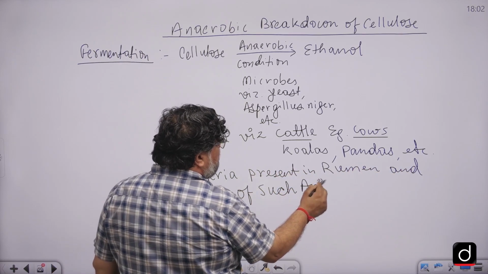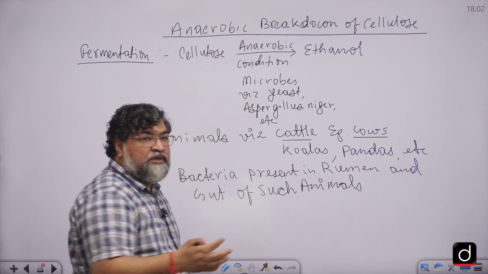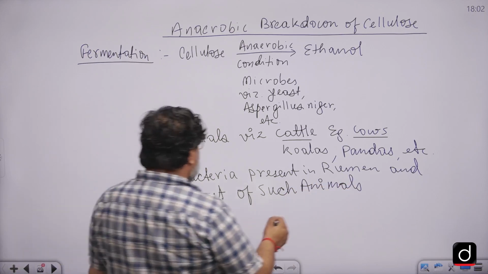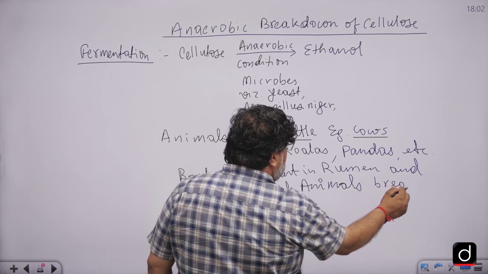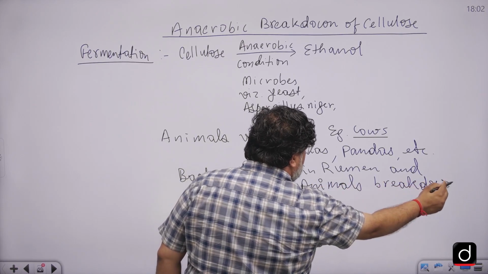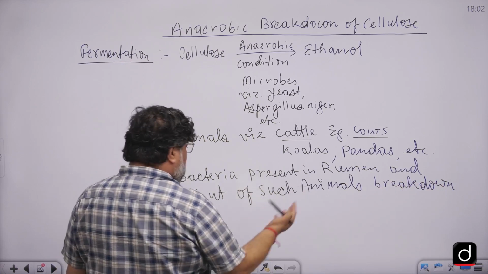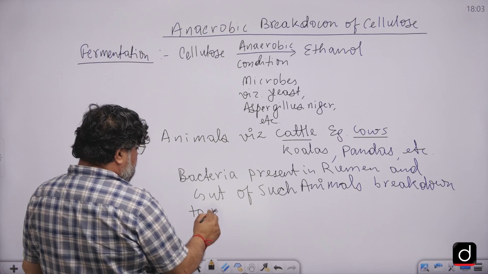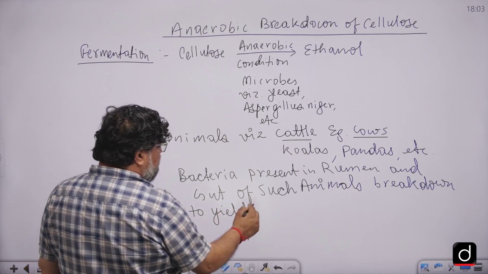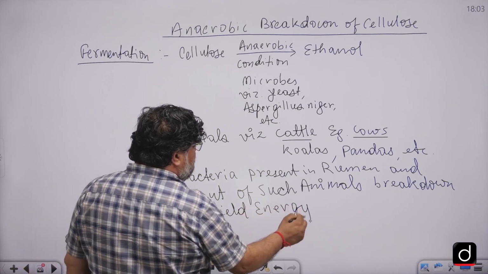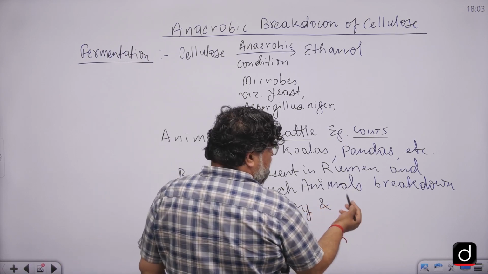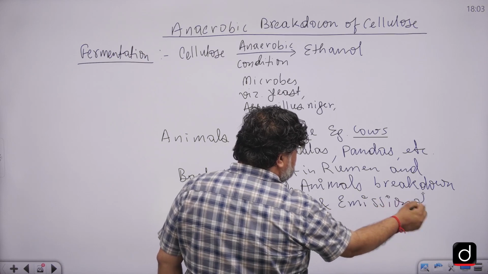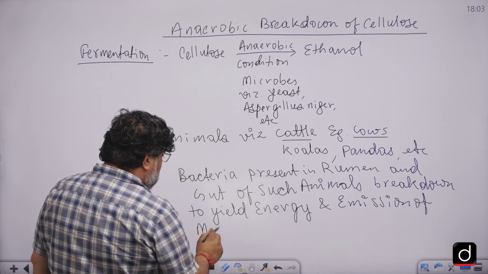The plant material consumed by such animals is broken down to yield energy, and it also results in the emission of methane gas.